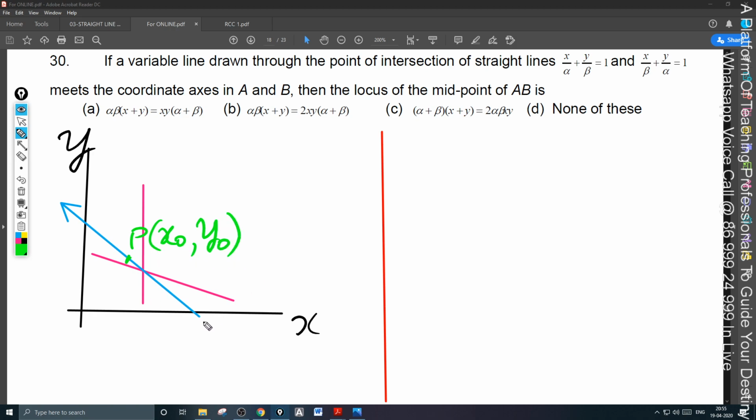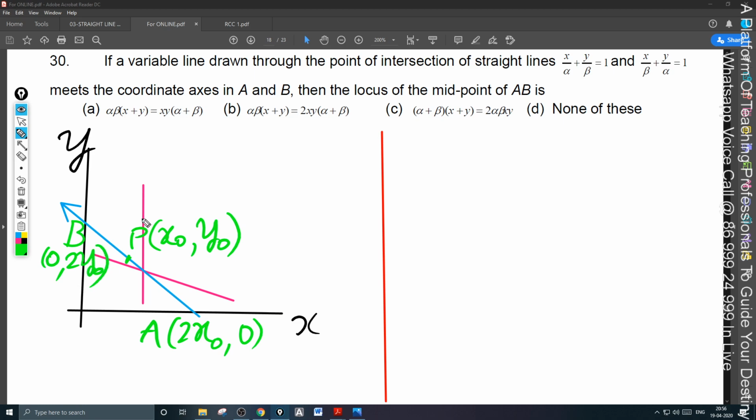Now when this midpoint is x naught comma y naught, obviously the x-intercept becomes 2x naught and y-intercept becomes, this is A, this is B. Y-intercept becomes 0 comma 2y naught.